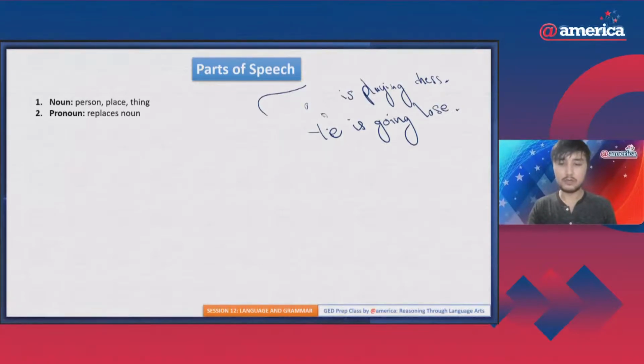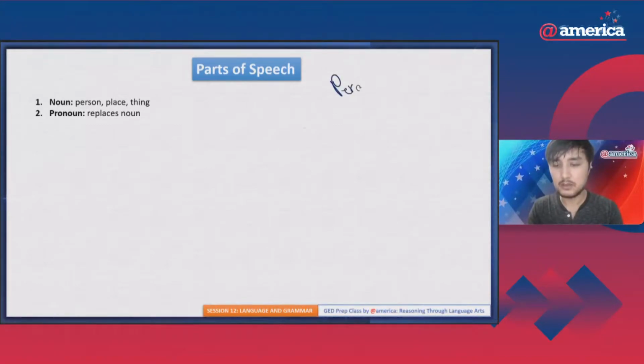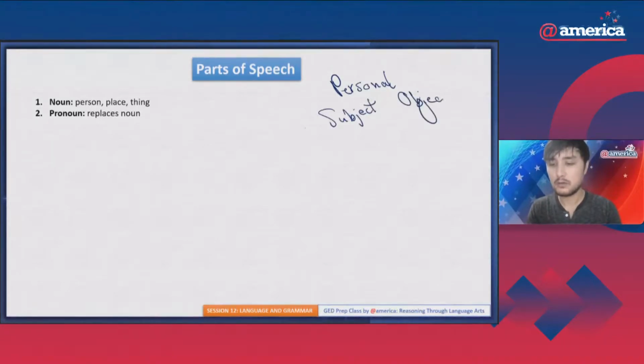So the types of pronouns, you have different types of pronouns. You have personal pronouns, indefinite pronouns, distributive pronouns, reflexive pronouns, relative pronouns. There are different ones, but the most important ones are personal ones. So for personal pronouns, you have subject pronouns and you have object pronouns.